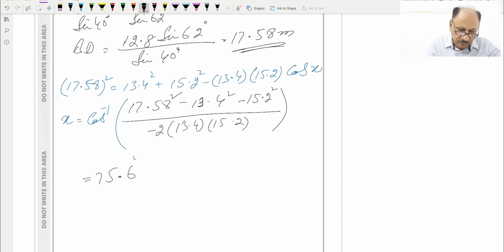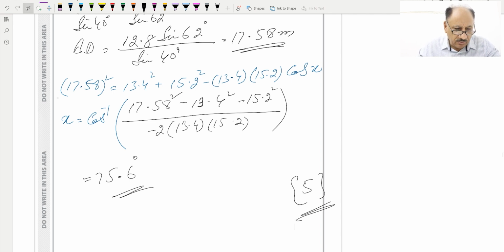In the question they have mentioned that they need the answer in 3 significant figures, so this will be our final answer for this question. Hopefully you understood this, and this was a 5 marks question which we have done.